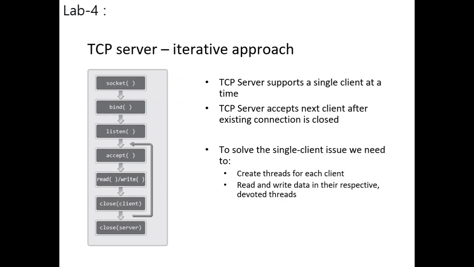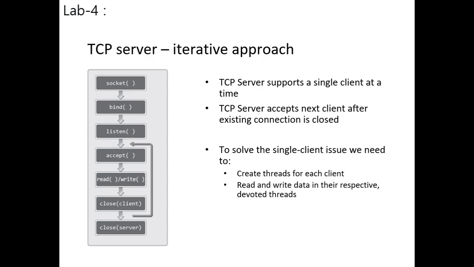All right, the TCP server's iterative approach was created in the following order. After socket creation, binding, and listening steps, we repeat the next steps: we accept a client, exchange data with read and write, and then close that socket, and then we accept the next client. Therefore, we call it the iterative approach, iterating through each client one at a time.